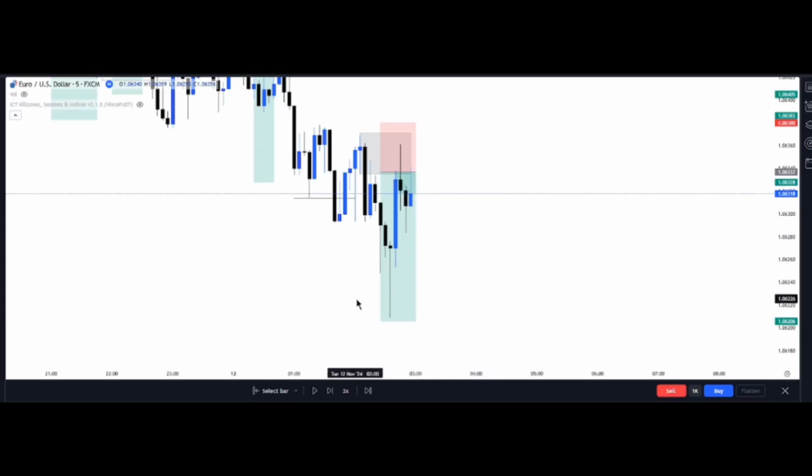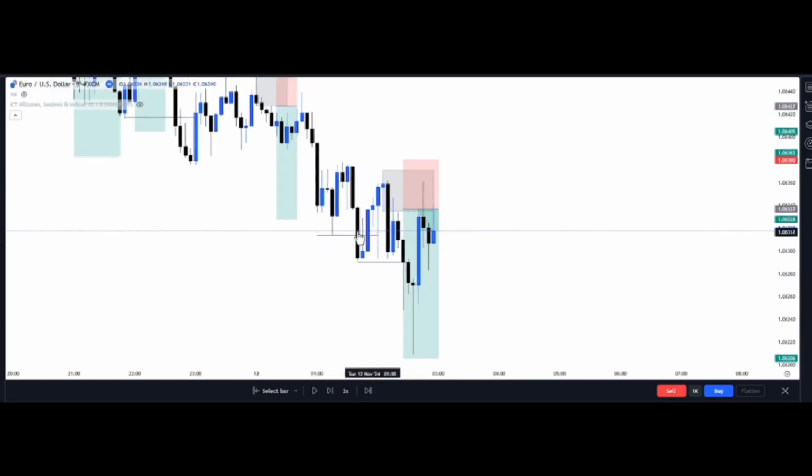And again, look, price broke structure here. There was a break of structure here. But there is something here we did which was not right.